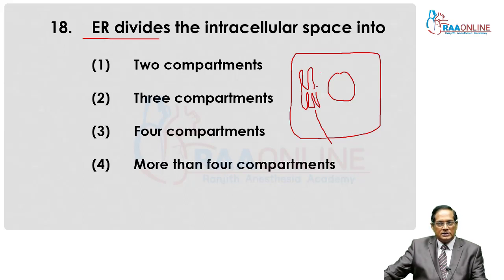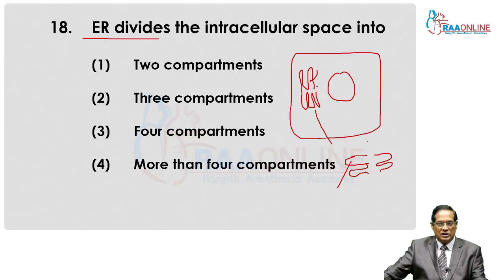And the endoplasmic reticulum divides the cellular space into two parts. The space within the ER is luminal space, and the space outside the ER is extraluminal space.